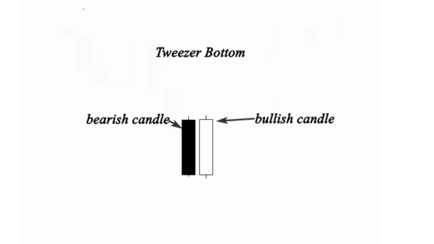So here in tweezer bottom, this kind of pattern appears when a falling market begins to rise. As you can see on the left, the market printed a black candle or a red candle, depending on what color you put it. So the market was falling. From the top of this black candle, the market fell to the bottom of that black candle.